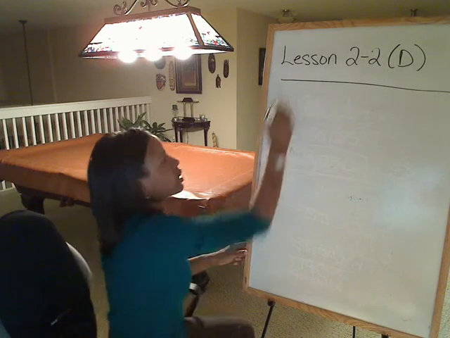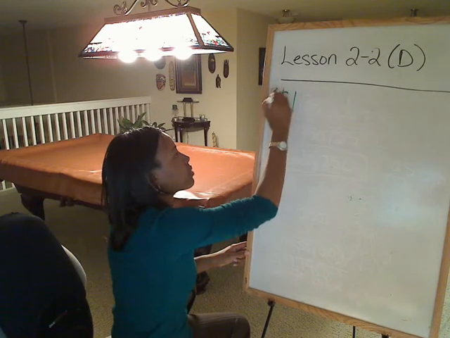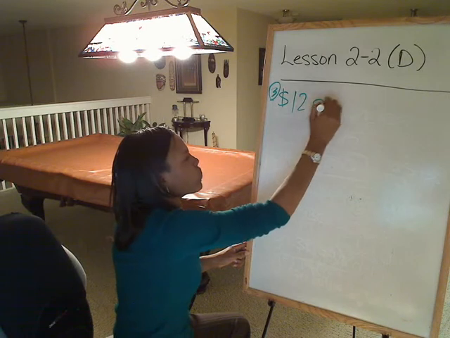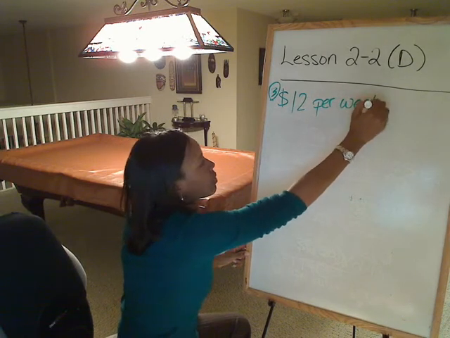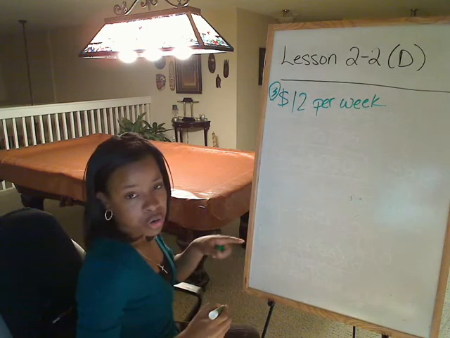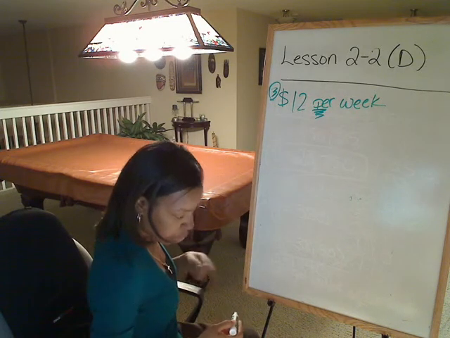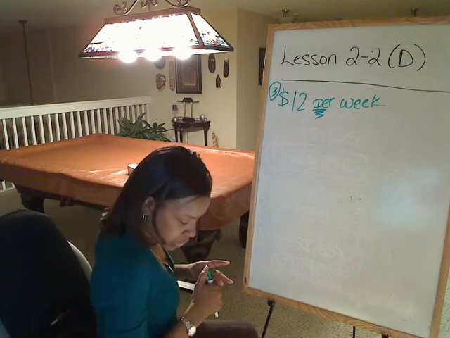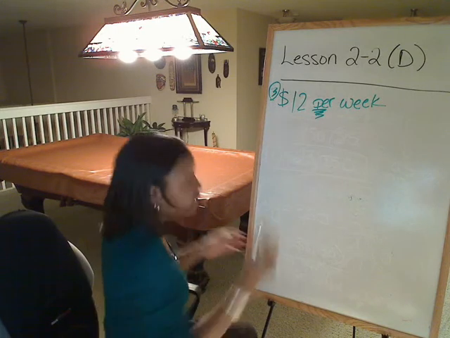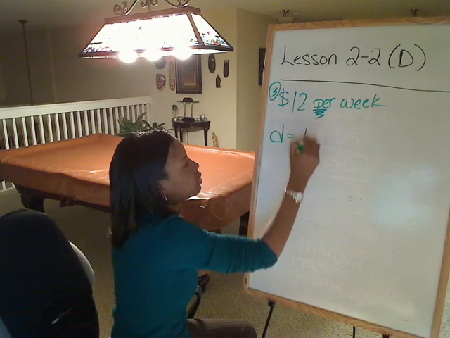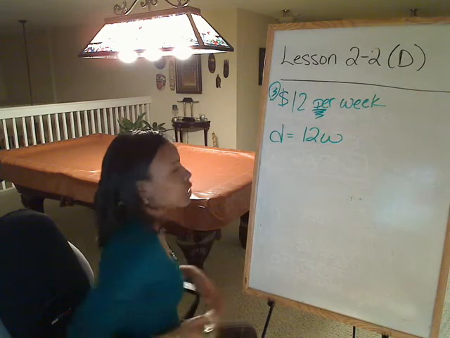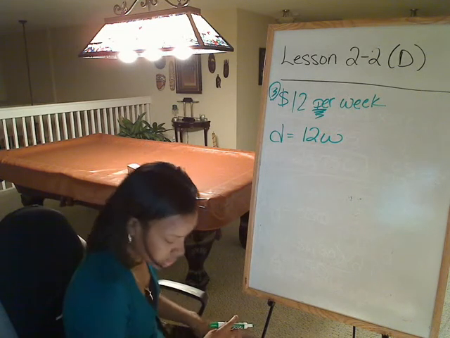So there's that word again. $12 per week. Okay? $12 per week. So the amount of money he's going to get, I'll call it D for dollars, is $12 per week. And we use W for weeks.